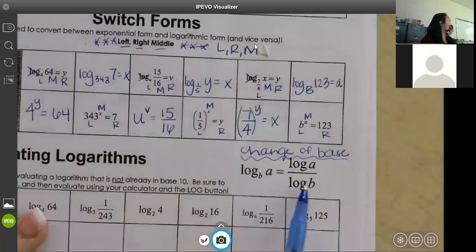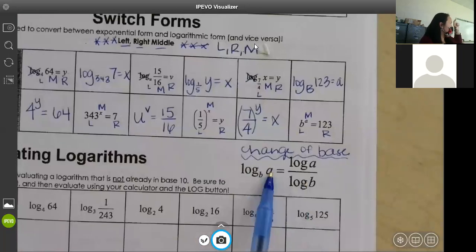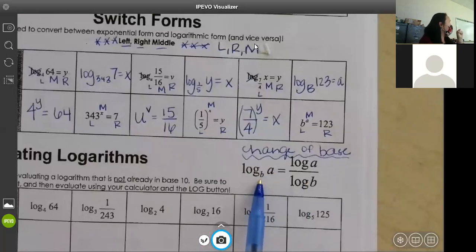Base goes on bottom. Or talking about font size, log of the big number font size over log of the small font size. Got it? I don't care how you remember it. A lot of times my regulars remember big over little more than they'll remember B as the base, okay?